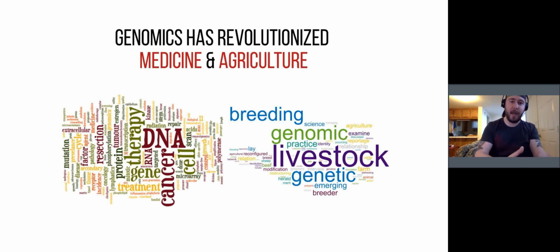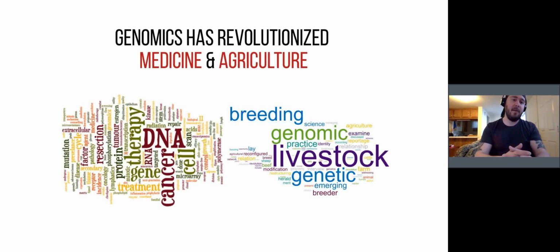Medicine is important for our health, and genomics is now a big part of that. And breeding or agriculture is part of feeding the ever-increasing populace. So really, these two applied fields of biology have had a great impact from genomics, and we can do a lot of things, and it's got a lot of emphasis.